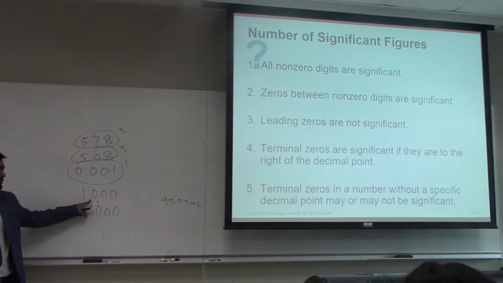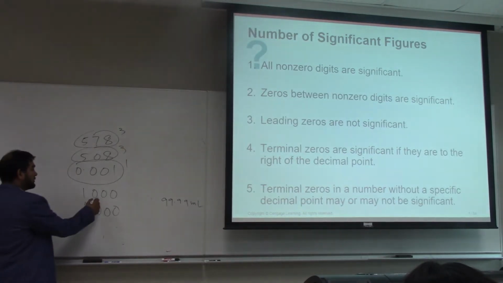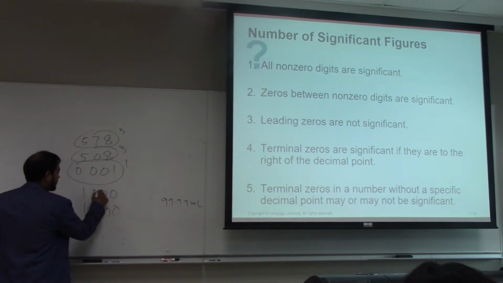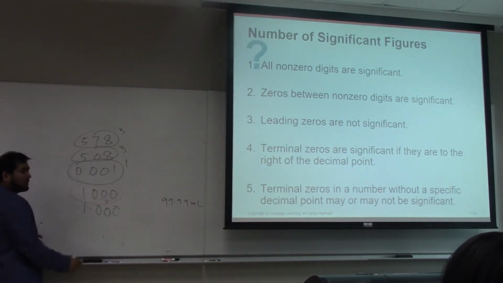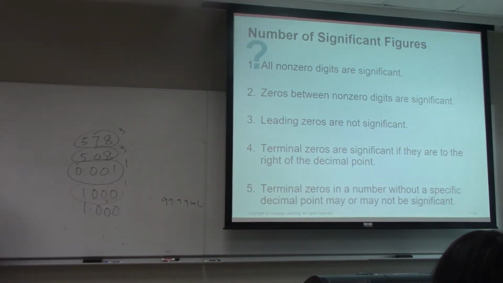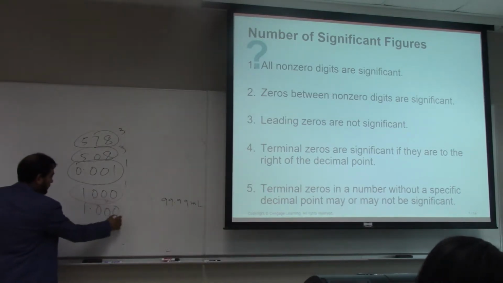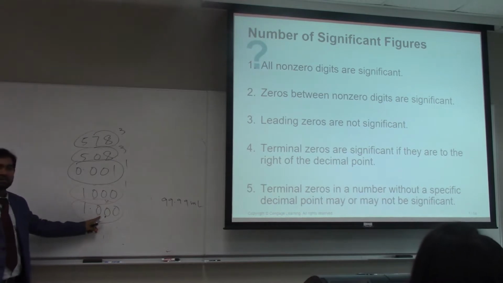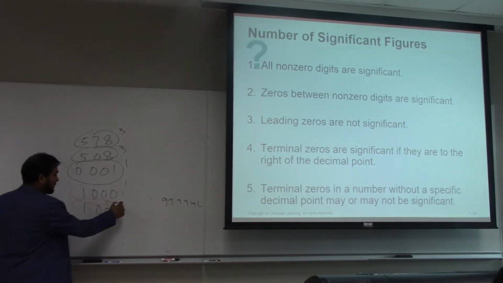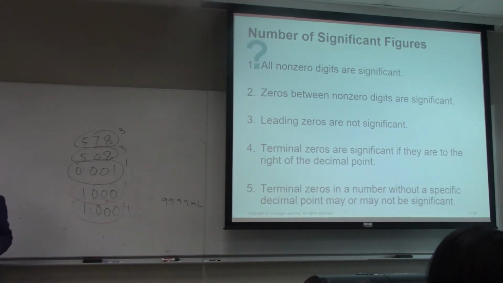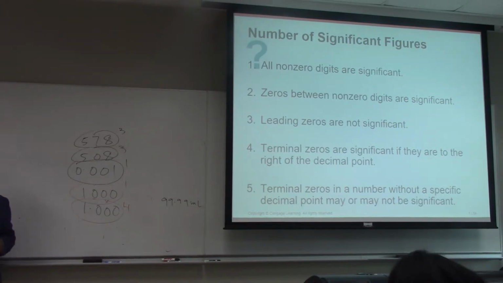No. So if no decimal, zeros are not significant. So that means the whole 1000 has only one sig figure. But if you have 1.000, with a decimal in here, zeros after the decimal are significant. That means I have how many? 4 sig figures. Let me give you a few more examples. That will be more clear.